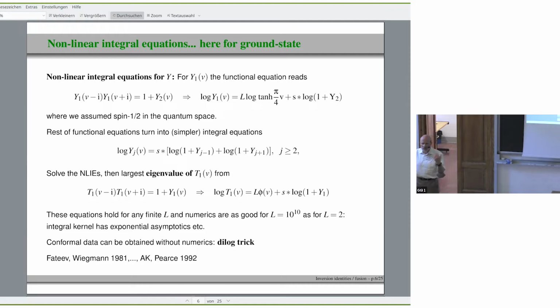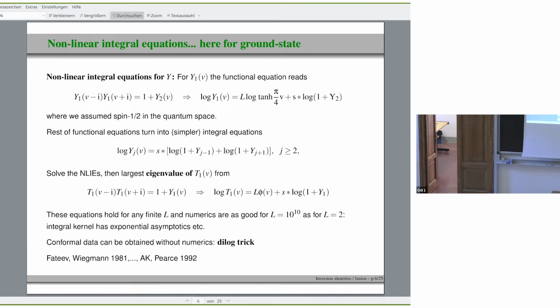Functional equations are difficult, whereas in the form of integral equations, we have convergence of iterative procedures. Now comes the slightly disappointing fact. After having calculated all the y's, you only need y1 in case of, let's say, the physically interesting system, and you can forget about the infinitely many other y's.